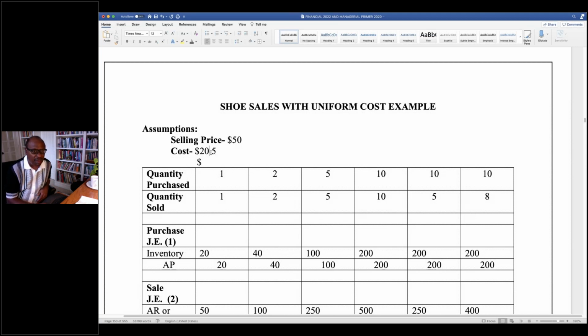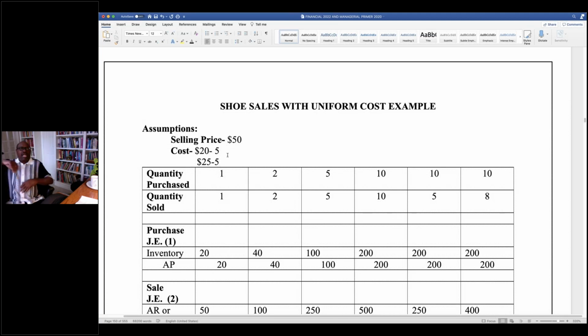So we bought at 20, we got 5 at that price. But then when we went back to buy some more because we didn't buy them all at once, the next 5 cost 25. So now we got 5 that cost 20, 5 that cost 25, and we sell 8.